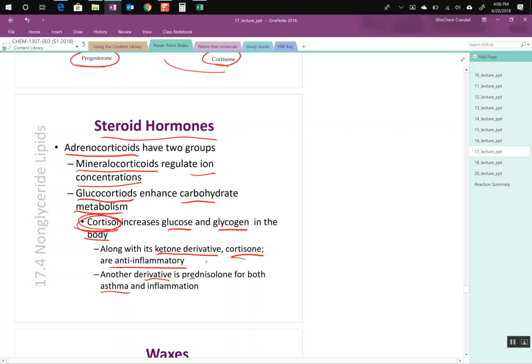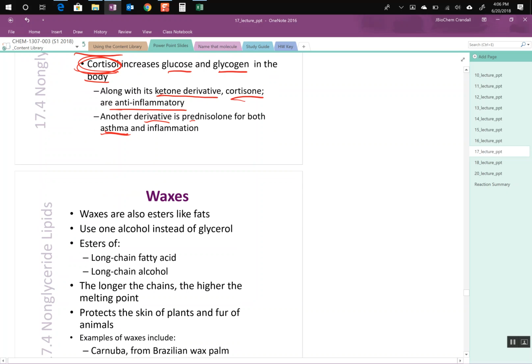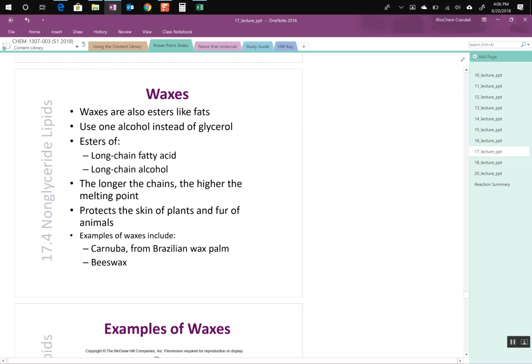More often it's called prednisone. So those are both going to have anti-inflammatory responses and could help with asthma and things of those natures.